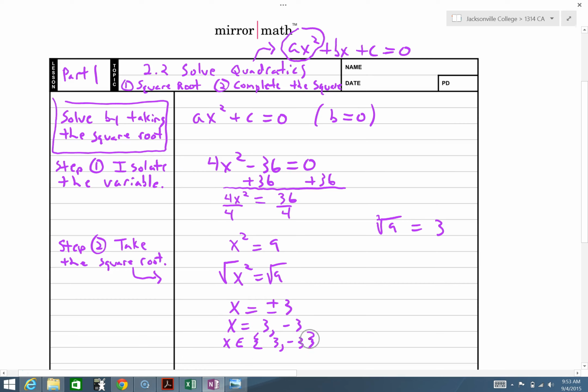Note this is not a parentheses, it is a bracket. And if we substitute 3 and negative 3, we'll see it satisfies our original. 3 squared is 9. 4 times 9 is 36. 36 minus 36 is 0. Negative 3 squared is also 9. Times 4 is 36. Minus 36 is 0. So any of these statements are all solutions.